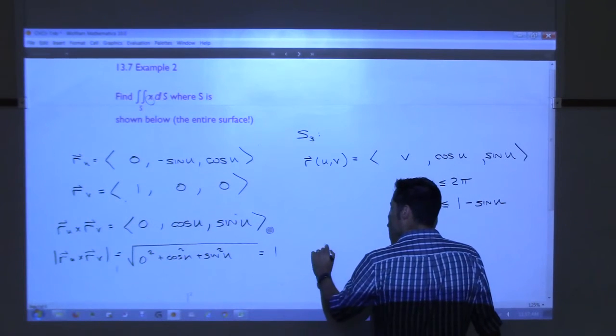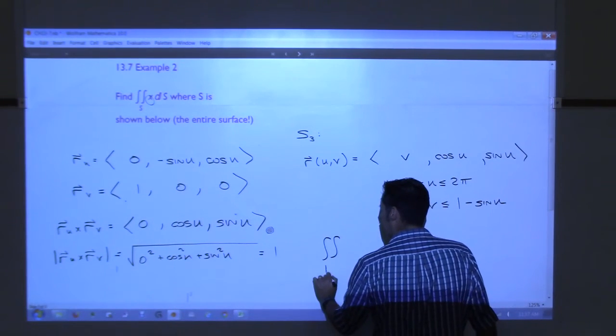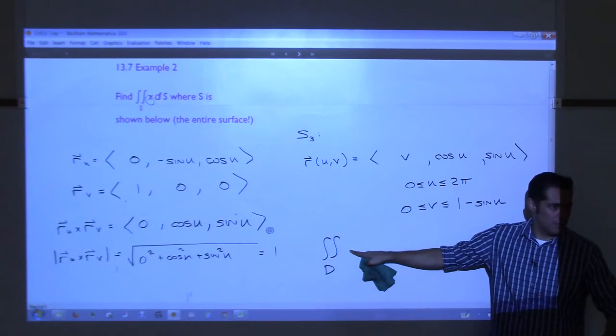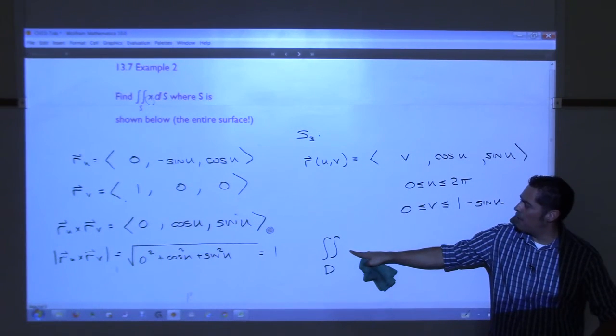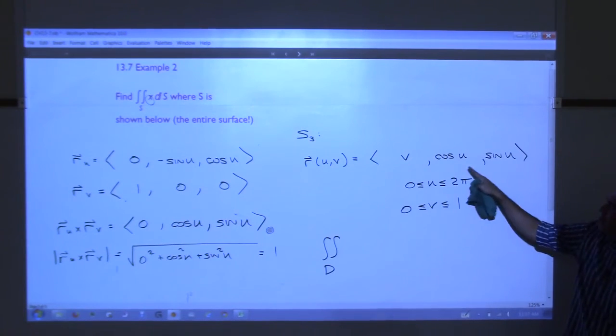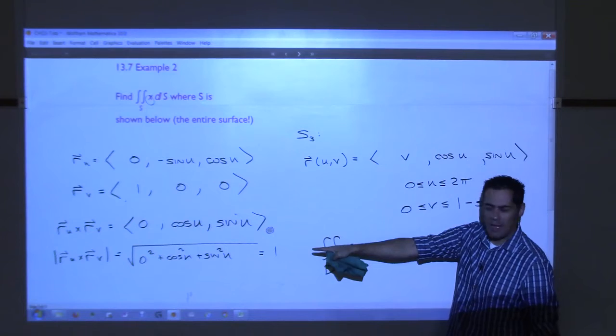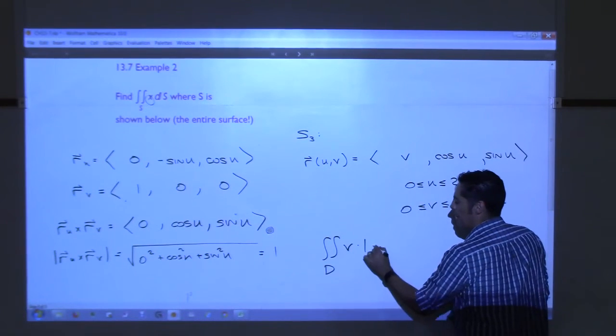Our integral now turns into the double integral over D of f evaluated on our surface, which we already said was just the x, which was just v, times the square root of all that junk, which was 1, then dA.